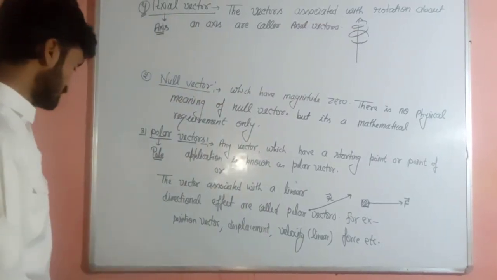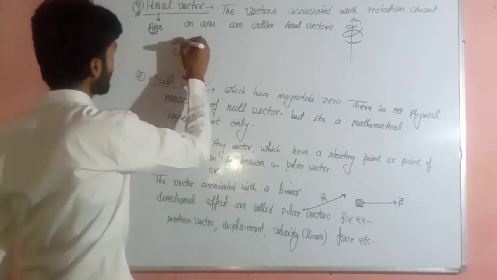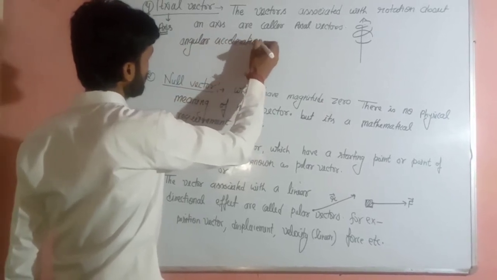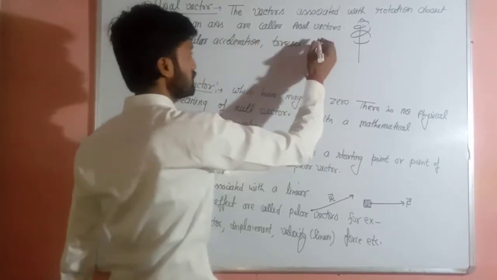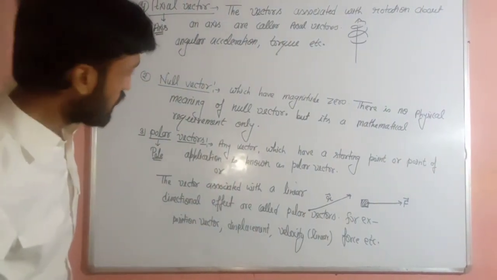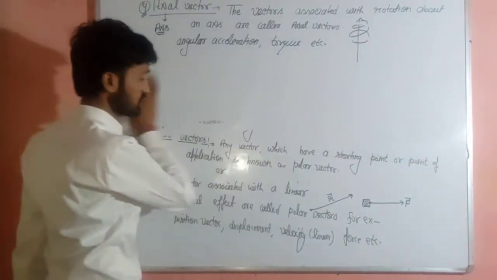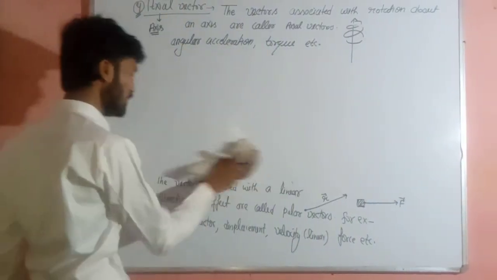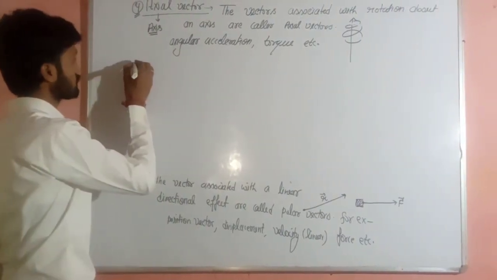For example, angular acceleration, velocity, torque, angular momentum, etc. And the last type of vectors, which is very important according to me, to form the mathematical representation of any vector, is unit vectors.